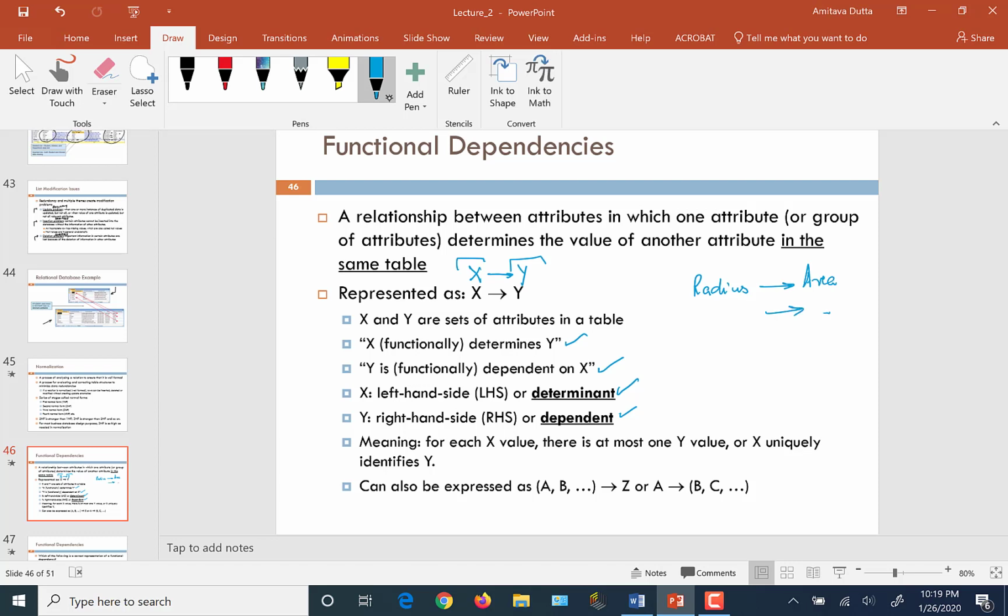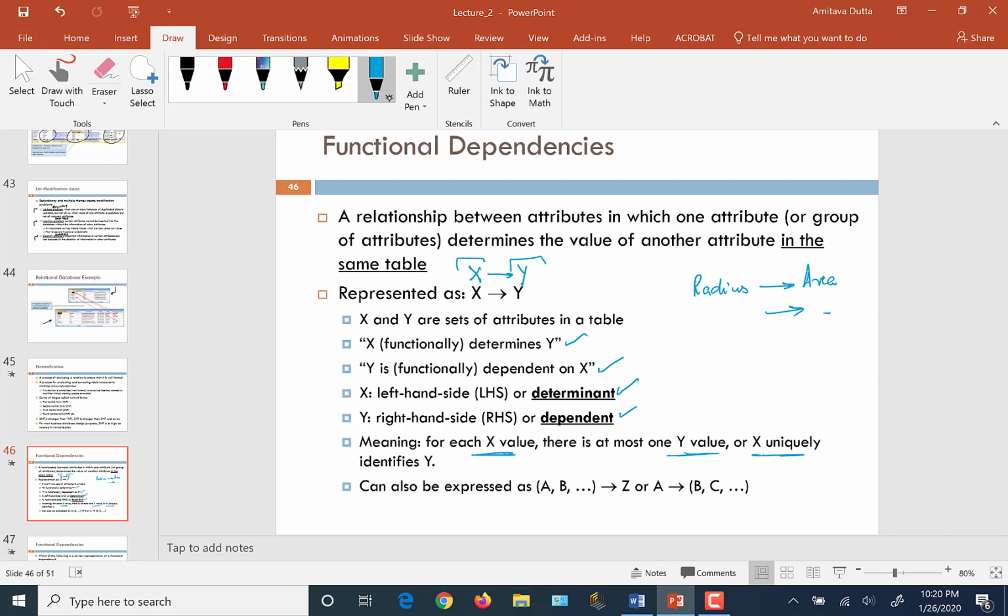So that's the concept of functional dependency. Now, in the context of databases, we will adopt the following definition: if X functionally determines Y, then for each value of X, there is at most one value of Y. Or X uniquely identifies Y.